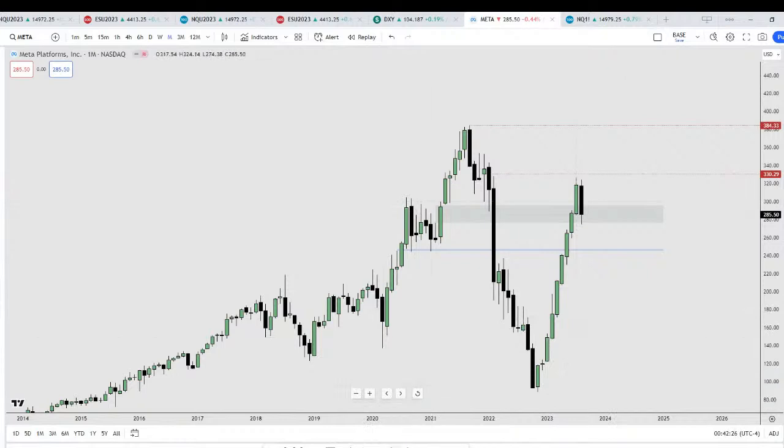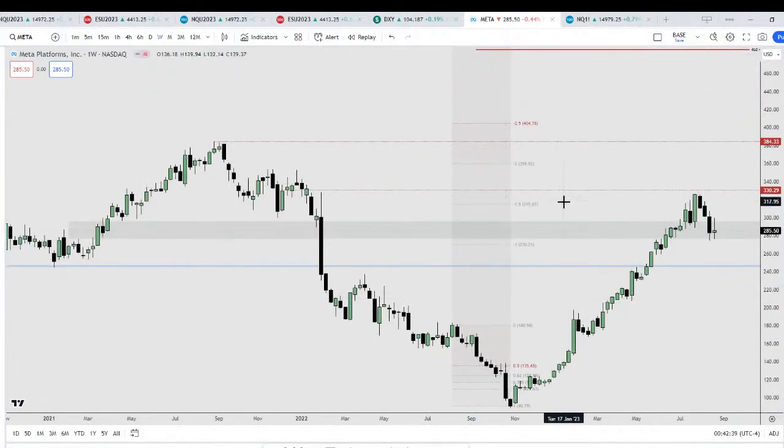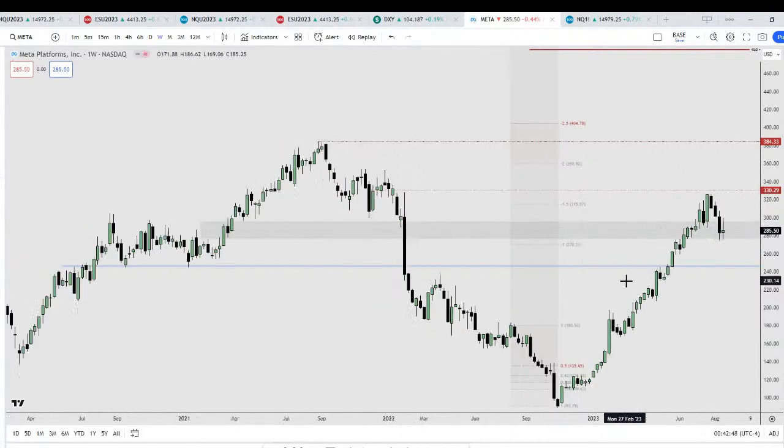So how do you measure Meta? Same thing here. Use the weekly chart, right? Low and high. It traded back up all the way above 1.5, right? So I'm expecting this area to be your so-called support, right?